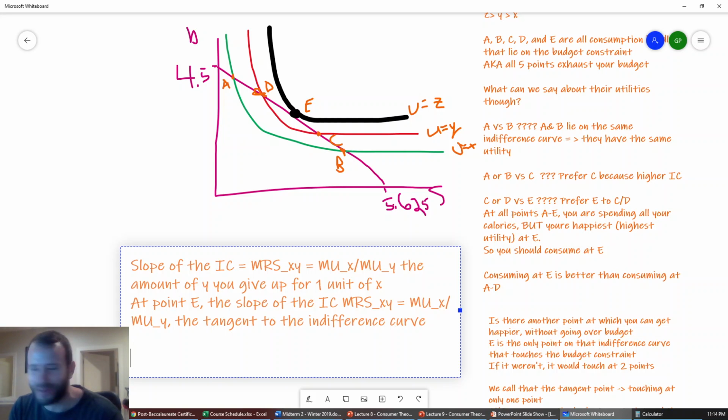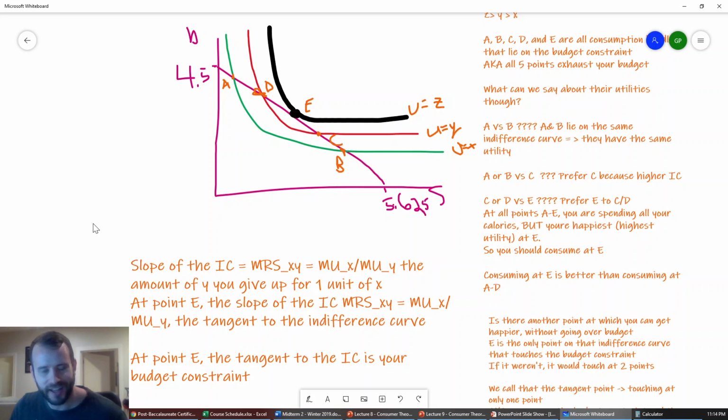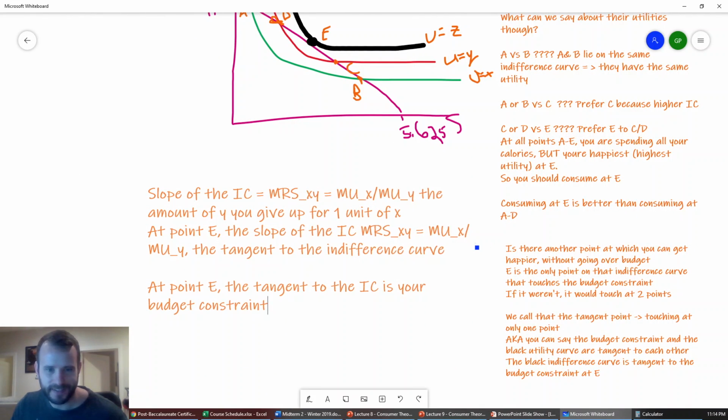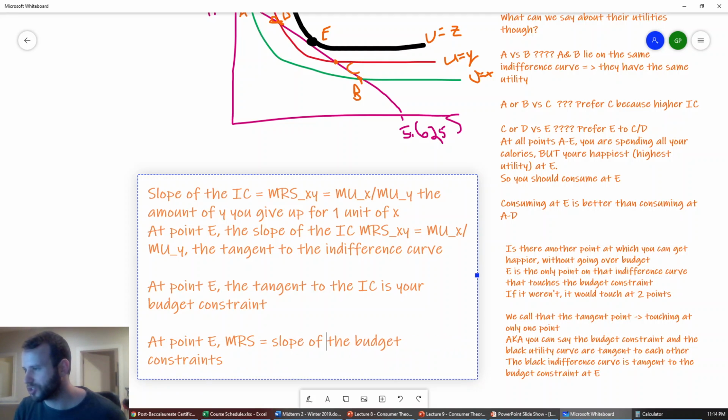I just spent time talking about this. At point E, the tangent to the indifference curve is your budget constraint. That's funny, isn't it? So what does that mean? At point E, your marginal rate of substitution is equal to the slope of the budget constraint.